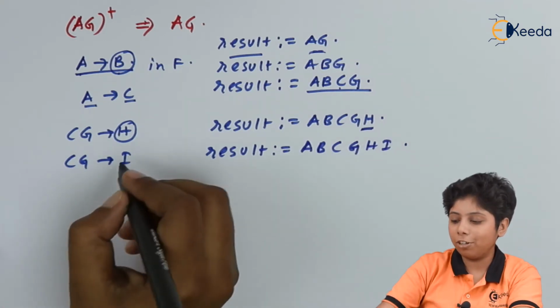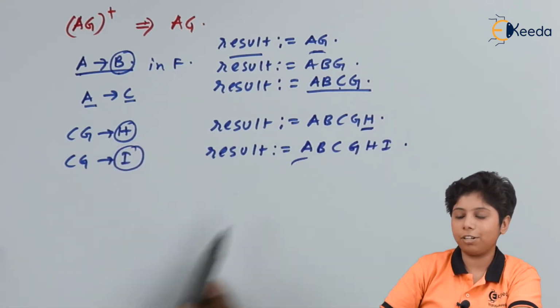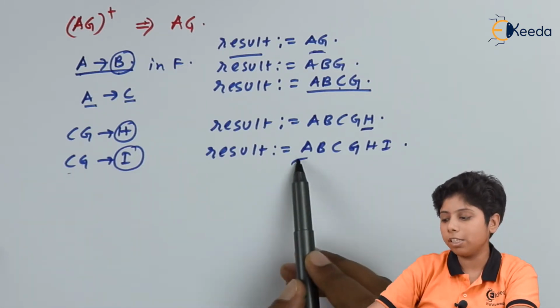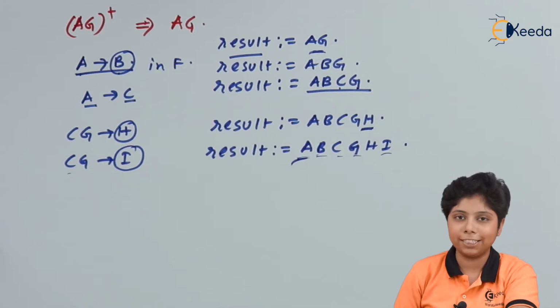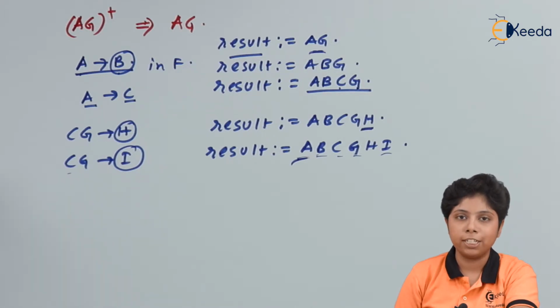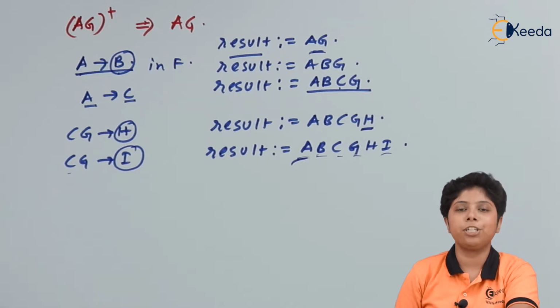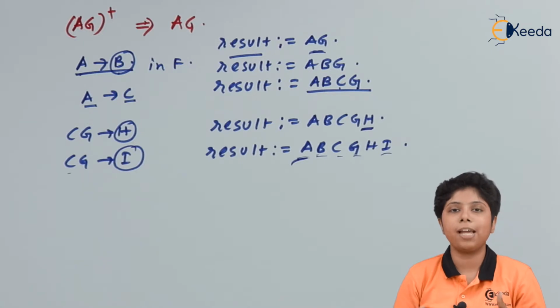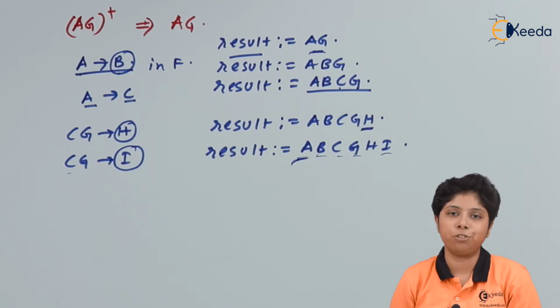Now we also have I getting unioned into the result set because CG defines I. Now we have all the attributes, and from the AG plus closure we cannot add any more attributes to it. So it is the final attribute result set and our iteration will stop because the result will not change further. So that is the algorithm performed and we can have the closure of an attribute.